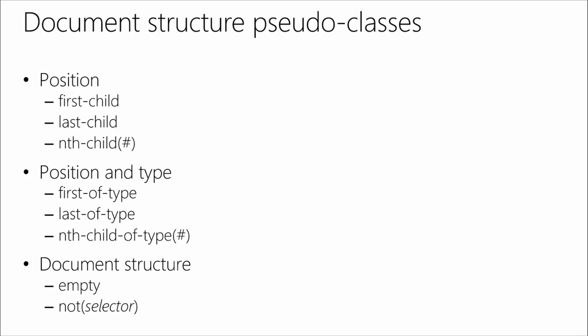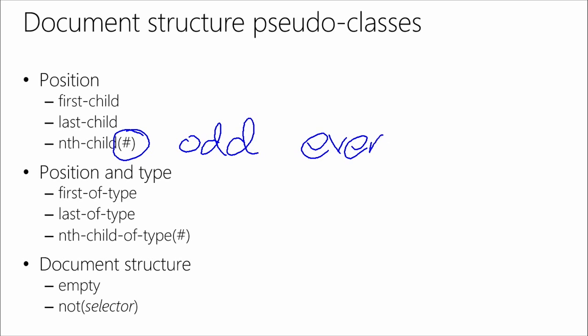So pseudo classes are all based on something about that element, based on where it is or based on what's going on. So it could be based on position. So first child, last child, the nth child inside of its particular parent. By the way, the nth child will actually take a number, or you can also use the text odd and even.